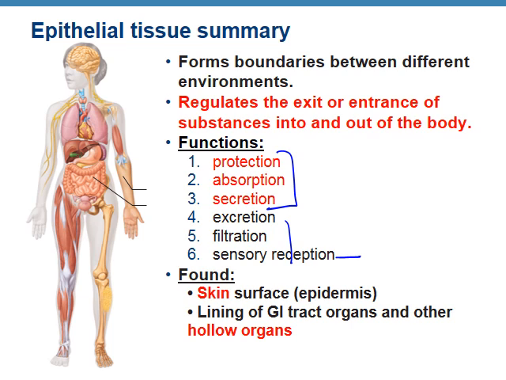We talked about this in Chapter 1 when we felt that it was cold outside. That's sensory reception. But we need to focus on protection, absorption, and secretion. Where do we find epithelial tissue? In the skin and lining the hollow organs. So when I say hollow organs of the GI tract, I'm talking about gastrointestinal: stomach, small intestines, large intestines.